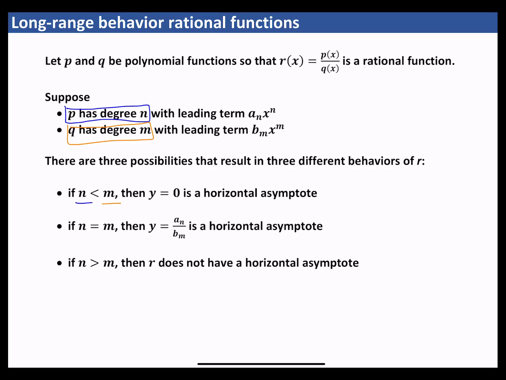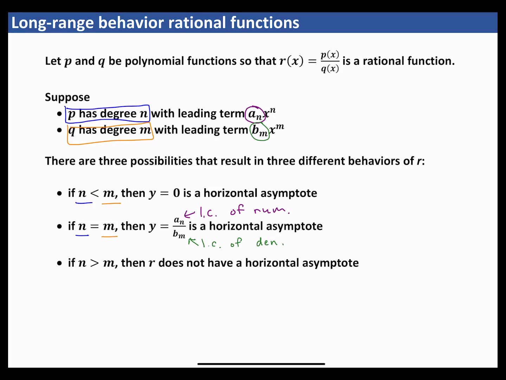The second possibility: if n, the degree of the numerator, is equal to m, the degree of the denominator, then y equals a sub n divided by b sub m is a horizontal asymptote. In other words, a sub n was the leading coefficient of the numerator, and b sub m was the leading coefficient of the denominator.